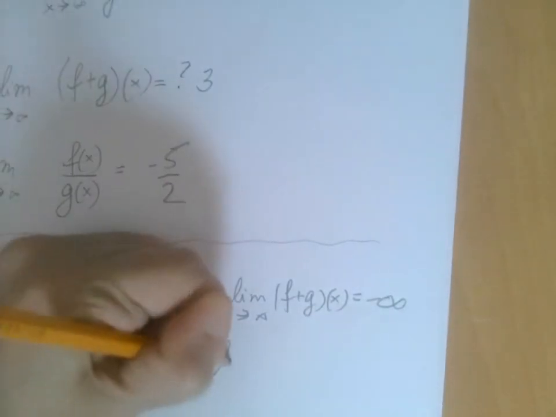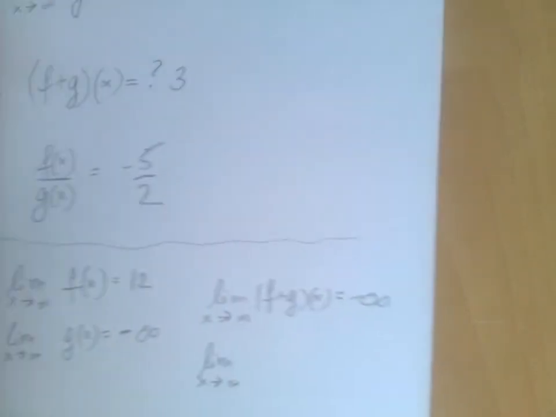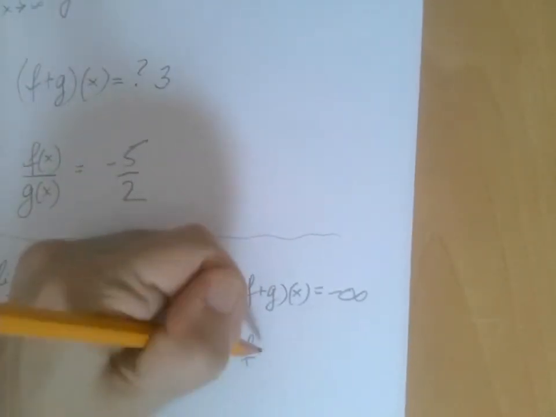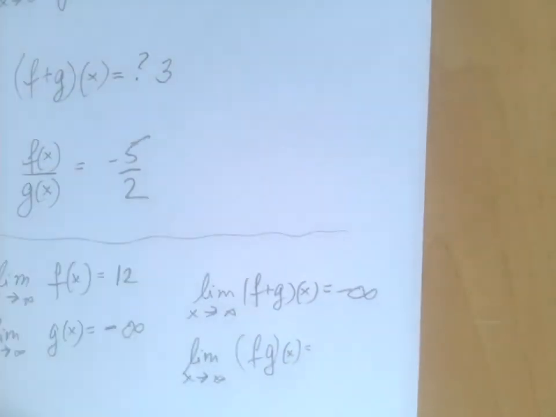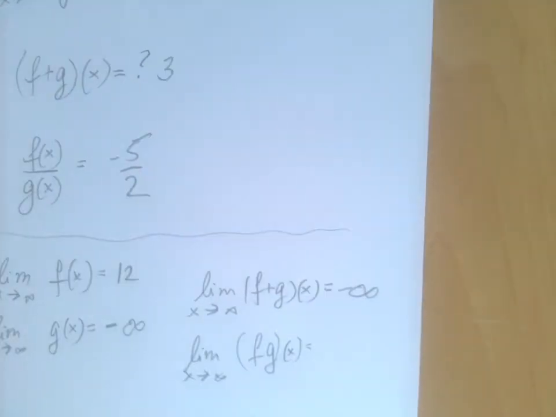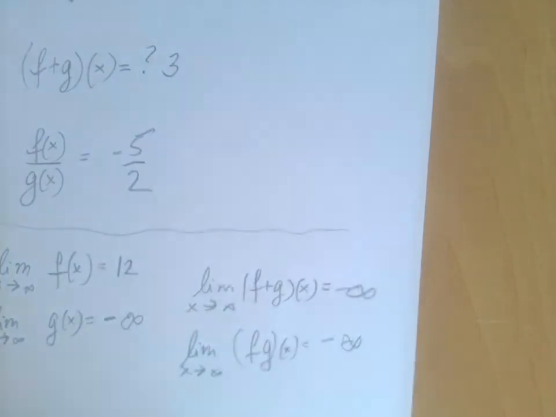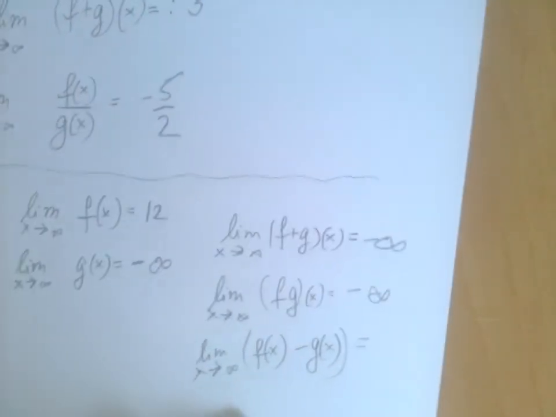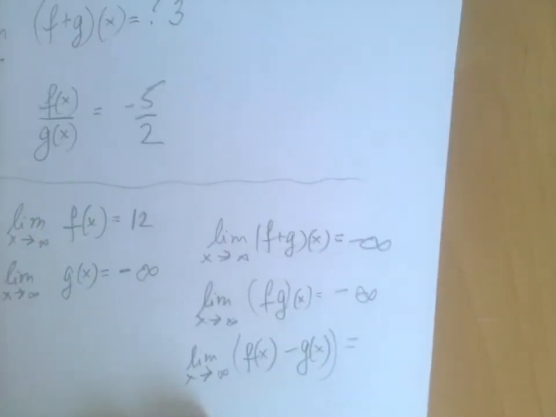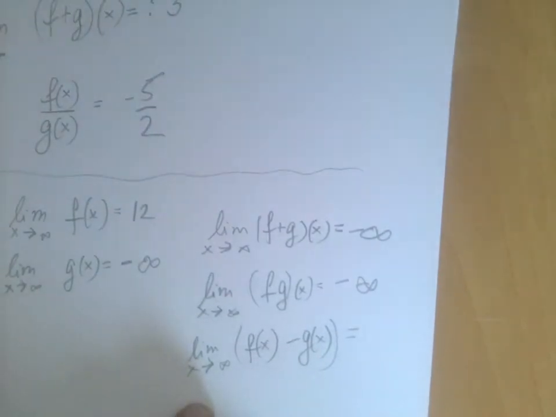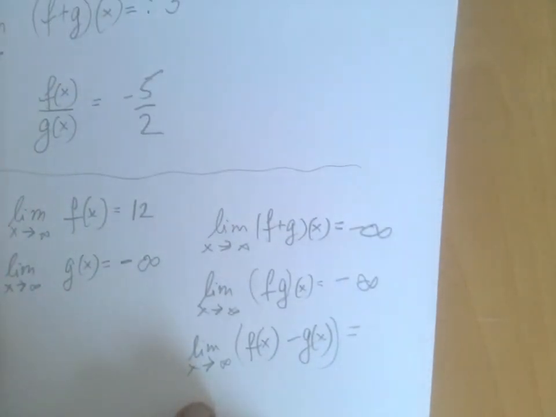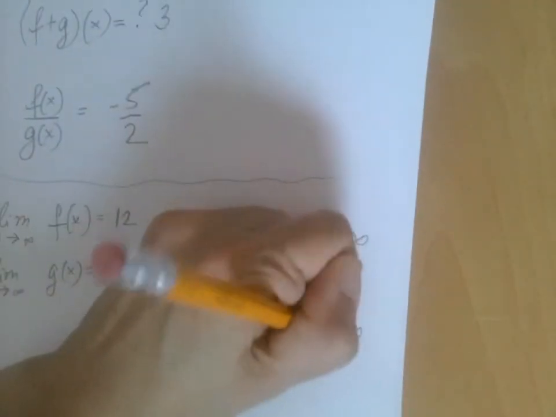What about the limit as x approaches infinity of f of x times g of x, which is how we define the product of 2 functions? Well, it's going to be -infinity. How about f of x minus g of x? So what happens when we start with a number really close to 12 and we subtract a gigantic negative number from it? Well, to subtract is to add the opposite, so we are now up to plus infinity.